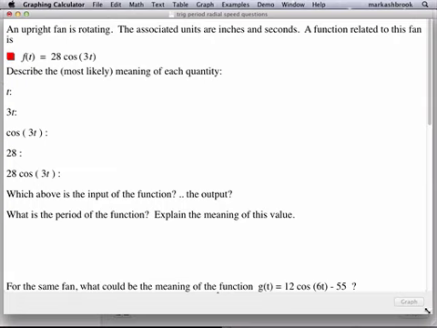What's the input of the function, the output? What's the period of the function? Explain the meaning. So let's see how this goes.